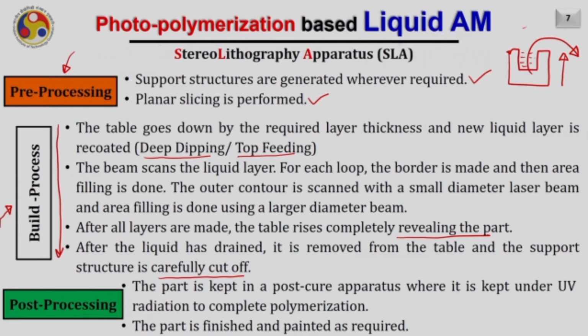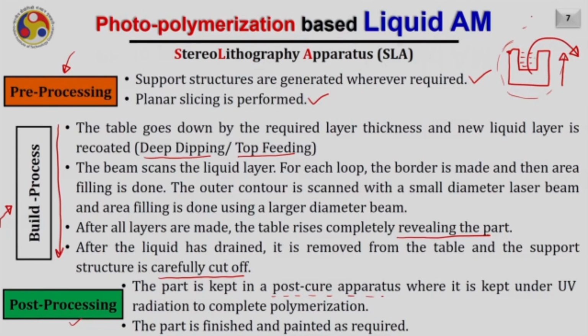Of course, after completion of the part fabrication, the post-processing starts. In this, the entire part is kept in a post-cure apparatus, where it is kept under UV light radiation to complete the photopolymerization. Usually, what we create on the bed itself is not completely cured, because we do not want to give much energy to the support also.